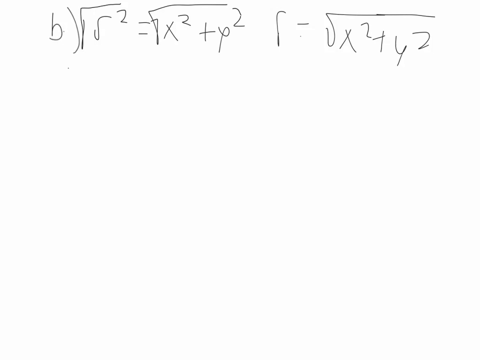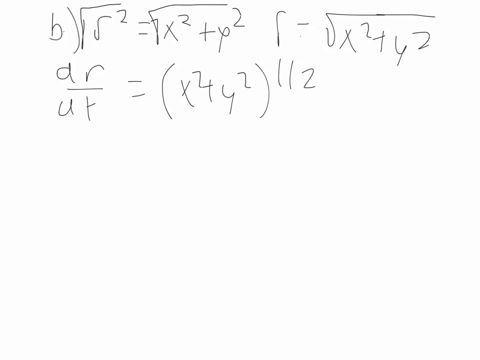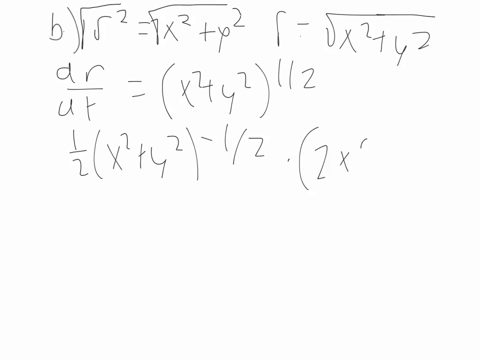So first you want to isolate the r variable by square rooting both sides. Next, you want to differentiate both sides, so dr over dt equals, remember, this is x squared plus y squared to the 1/2. So the derivative of it is 1/2 times x squared plus y squared to the negative 1/2 times chain rule, remember chain rule, 2x dx over dt plus 2y dy over dt.